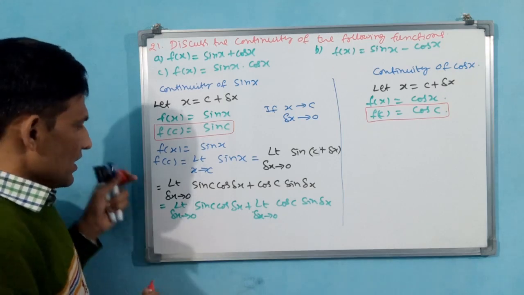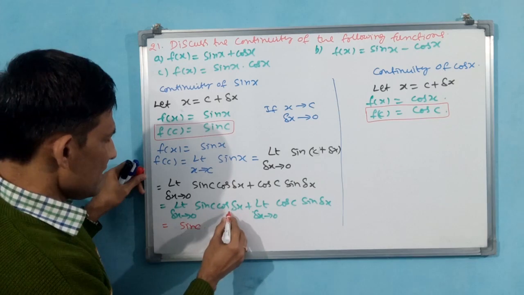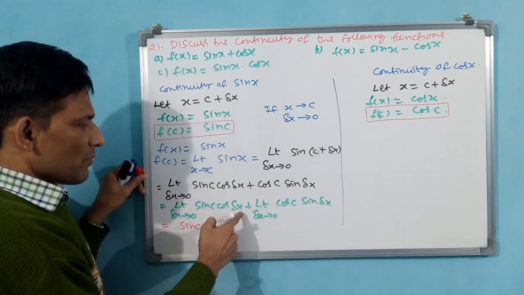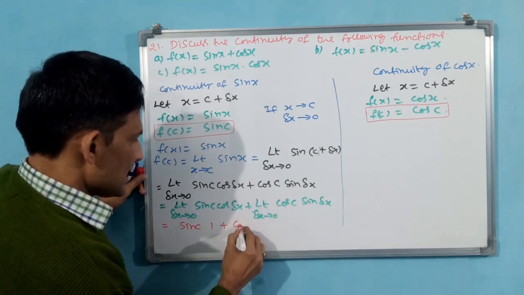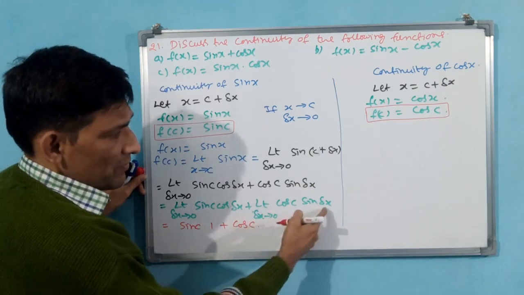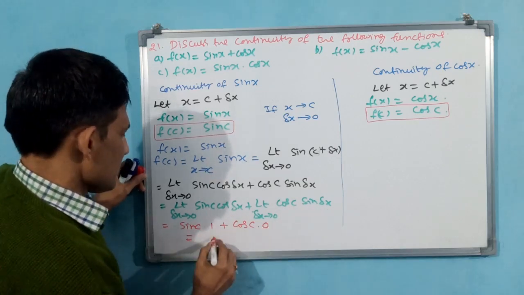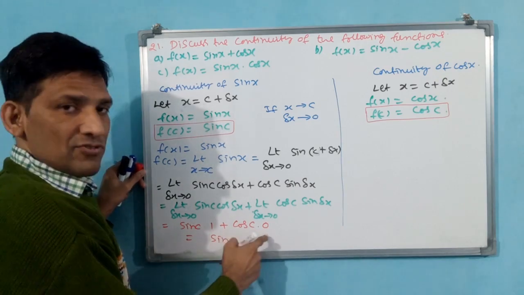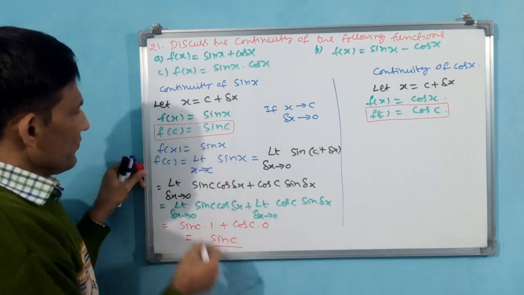Now you apply the limit. cos delta x means 1, because when delta x becomes 0, automatically sin c into 1. Here also cos c into sin delta x, sin 0 means 0. That means sin c. Now you see sin c has come.